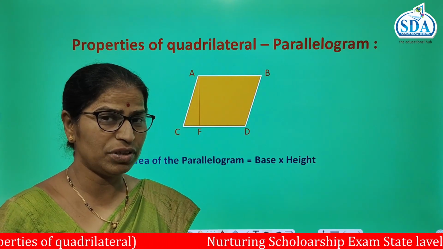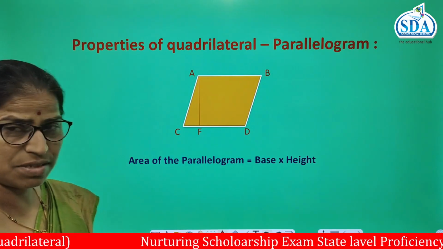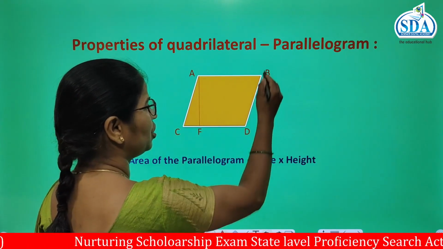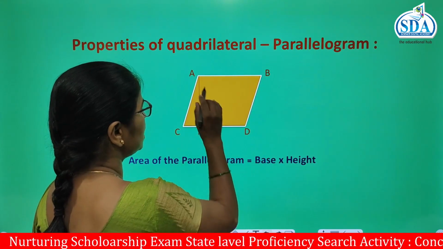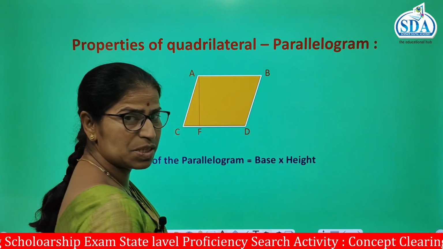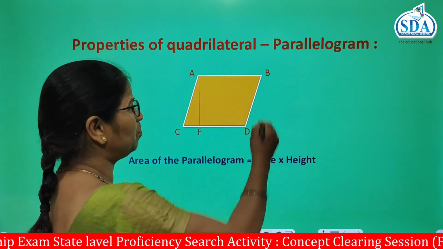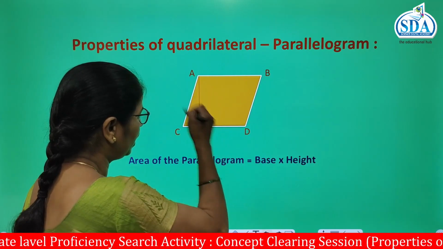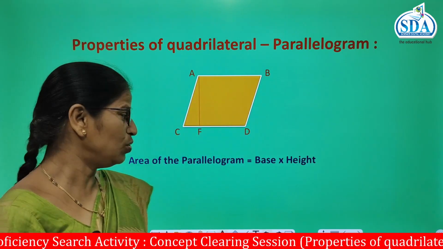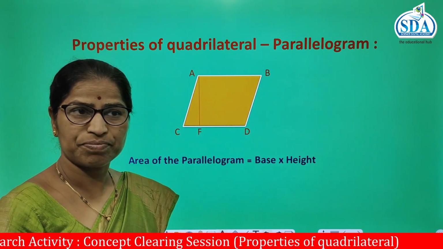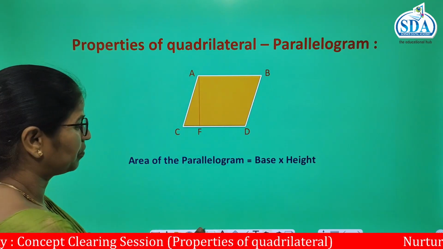And the formula for the area of rectangle is length into breadth. So this length is nothing but the base of this parallelogram and breadth is nothing but the height of this parallelogram.